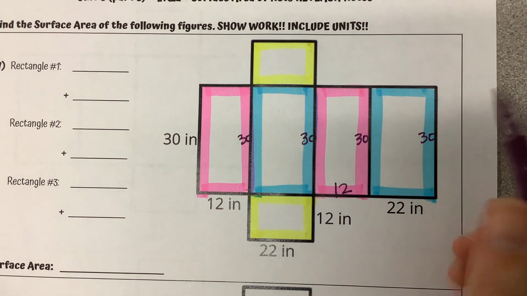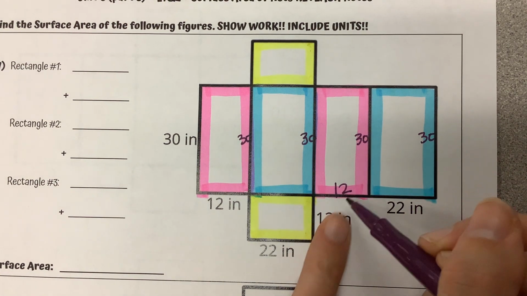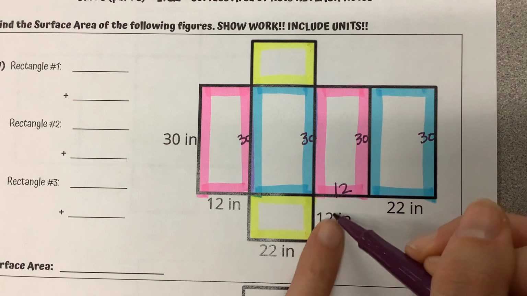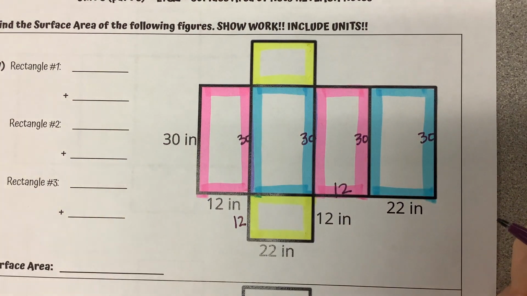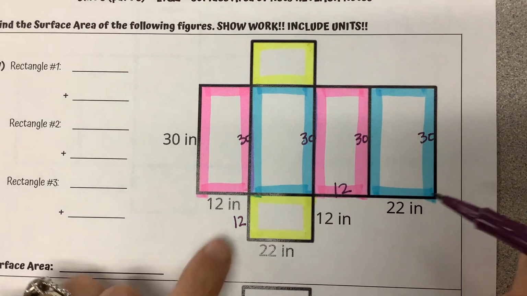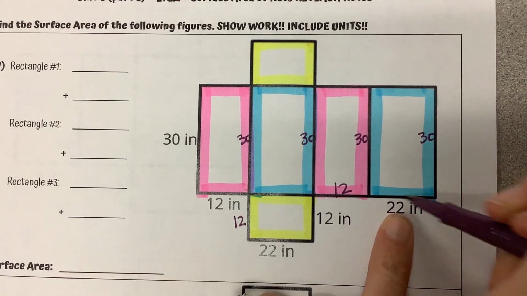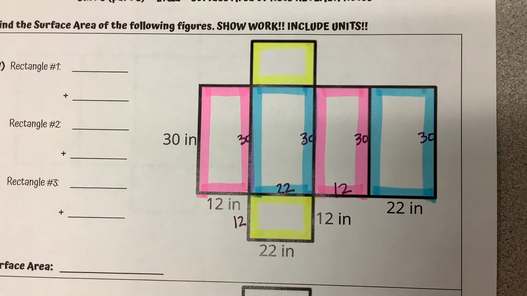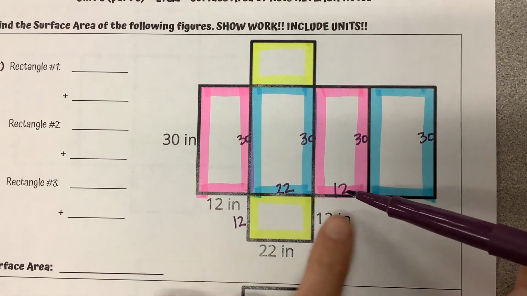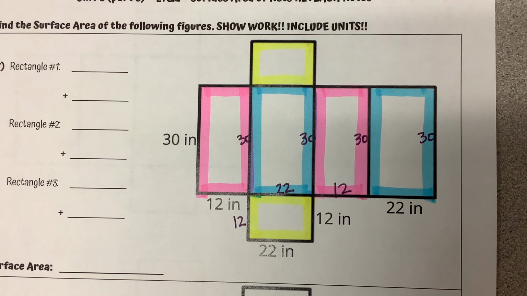And then also, these two sides would fold together. So these are both 12, which means that these are both 12. And then if our blue rectangle here is 22, that means this blue rectangle here is 22 as well. So it alternates 12, 22, 12, 22.